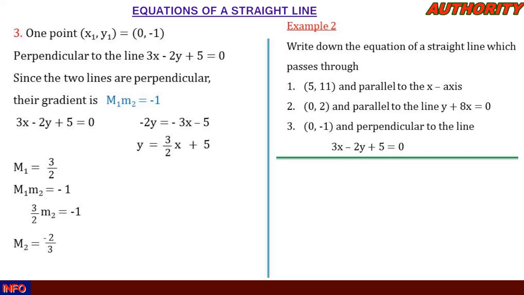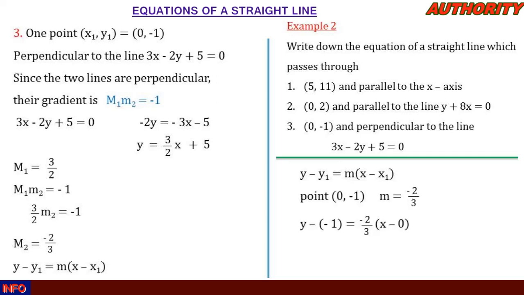Applying the formula for the equation of a straight line in slope point form, we have y minus y1 equal to m bracket x minus x1. Here we have our point 0 comma minus 1, and our gradient m to be minus 2 all over 3. Now let's fix in our values.